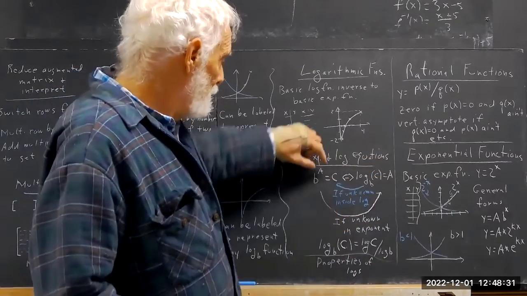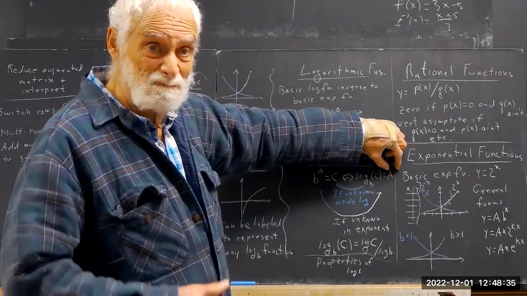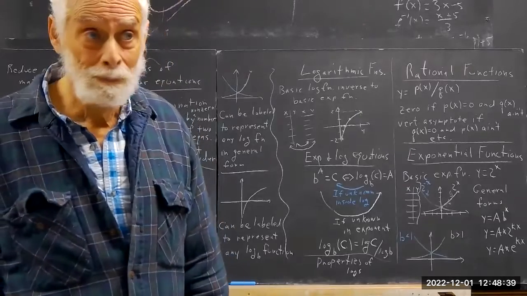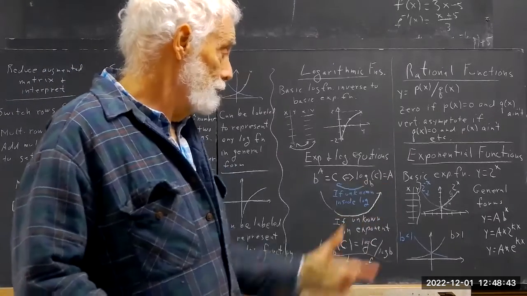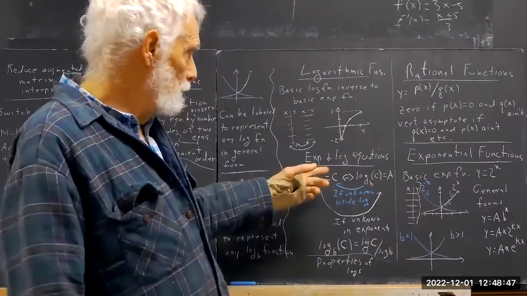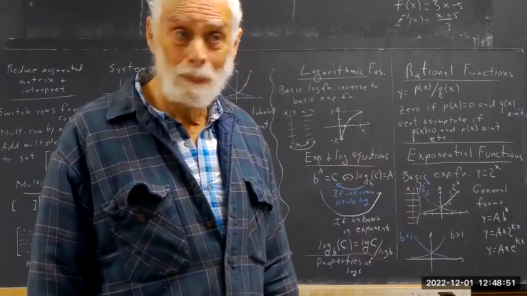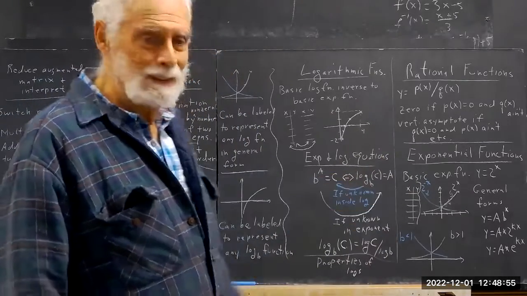You put it in this form and the exponent becomes just another set of terms in your equation. And if your exponent is a reasonable expression, you can solve the equation. Now, if your exponent is unreasonable, you're still stuck.